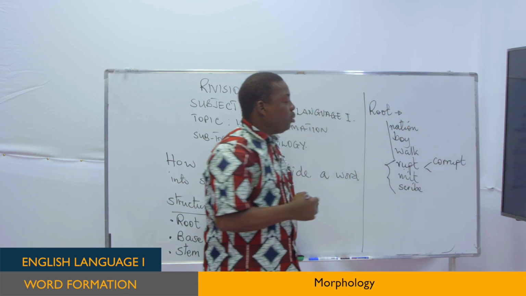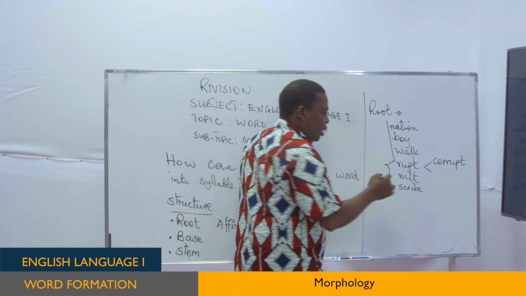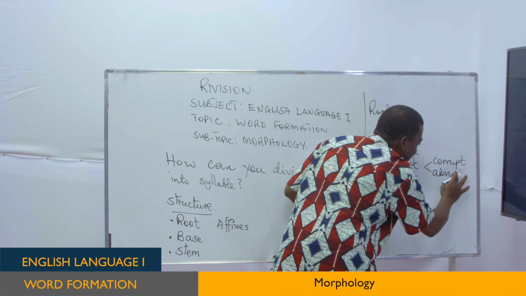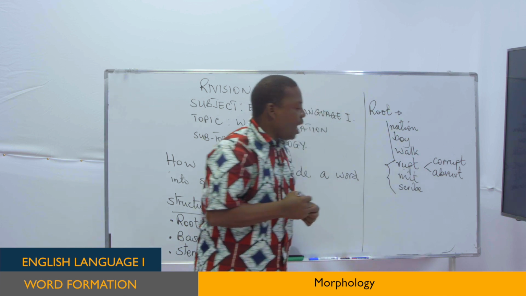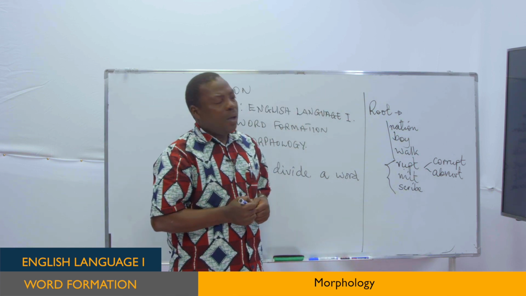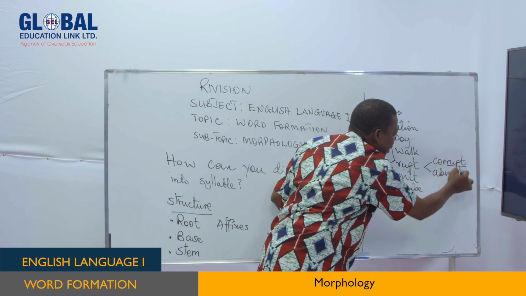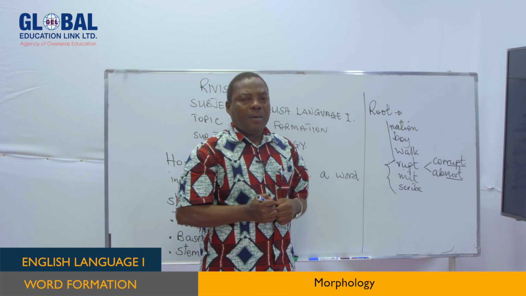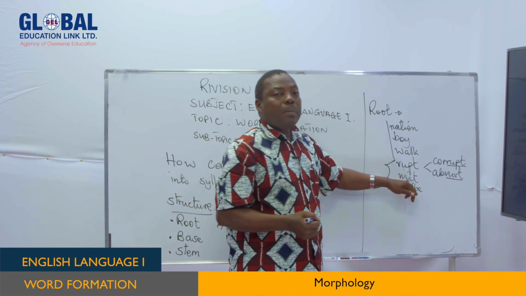If you think about this root, you can have a base formed from that root being corrupt, and you can have another base formed by the same root called abrupt. So corrupt and abrupt share the same element. The same applies to meet.